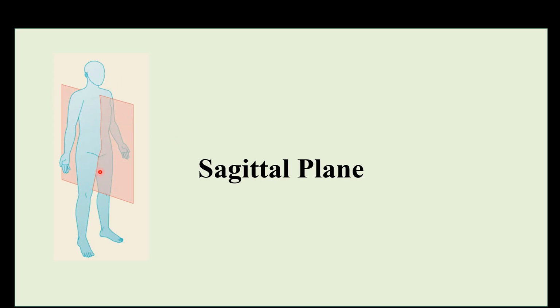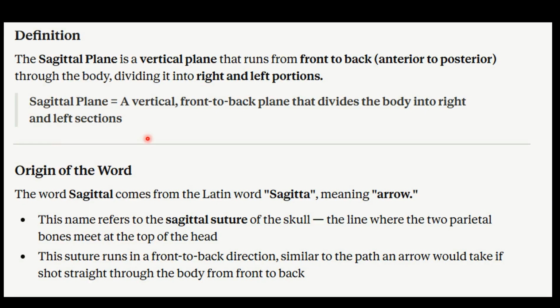So this is the sagittal plane. When I walk you through the definition, it will give you more clarity on how we are assuming this slice. But just remember this diagram.